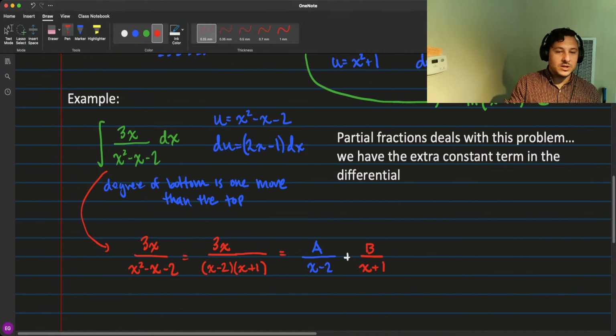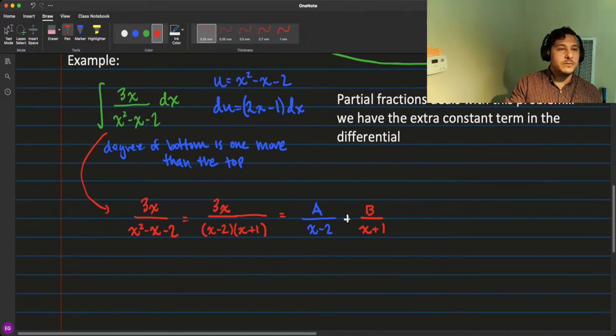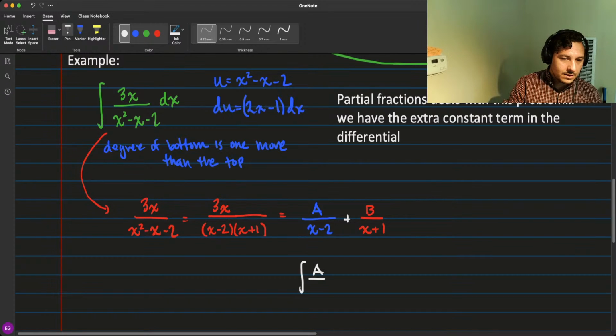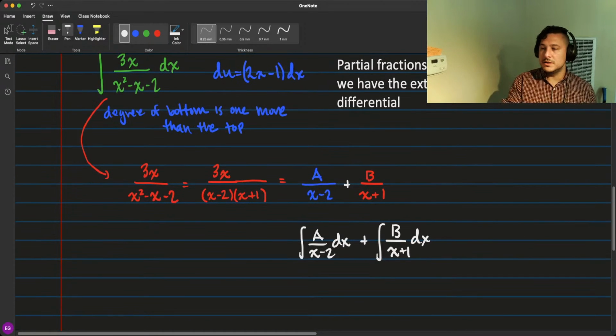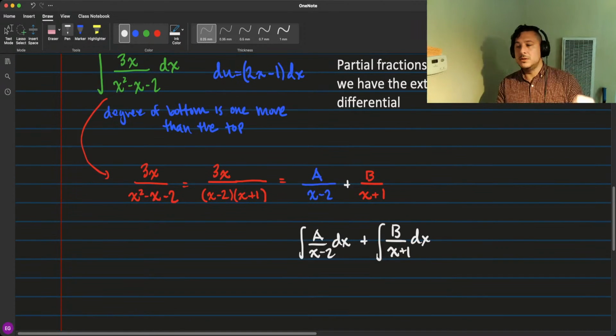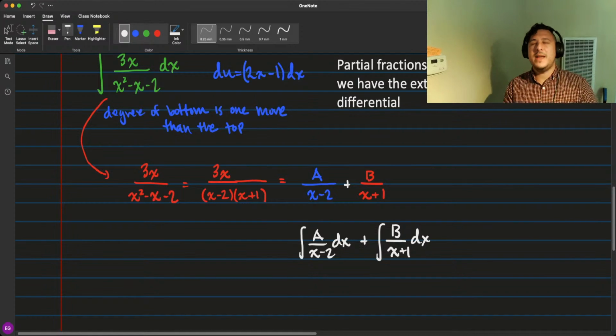Because if a and b were just numbers and you were integrating them, what could you now do? If a over x minus 2 plus b over x plus 1 is equal to 3x over x squared minus x minus 2, yeah, you can u-sub with those denominators, exactly.